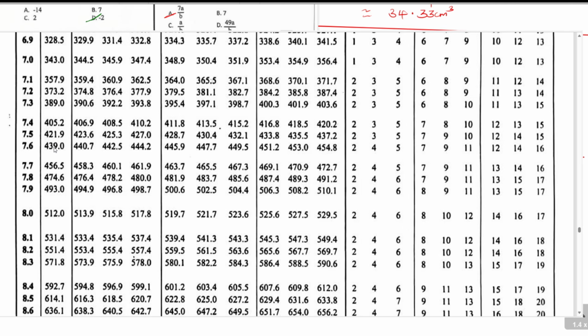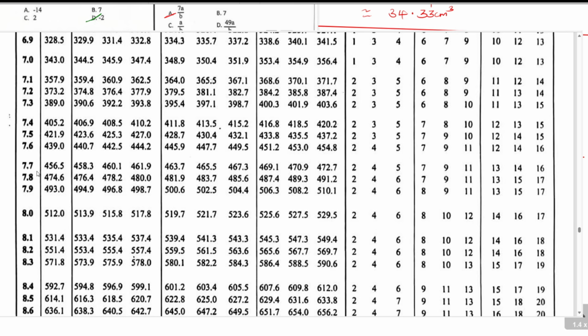Note that number that is here. 7.60 is 439.0. That is the cube.